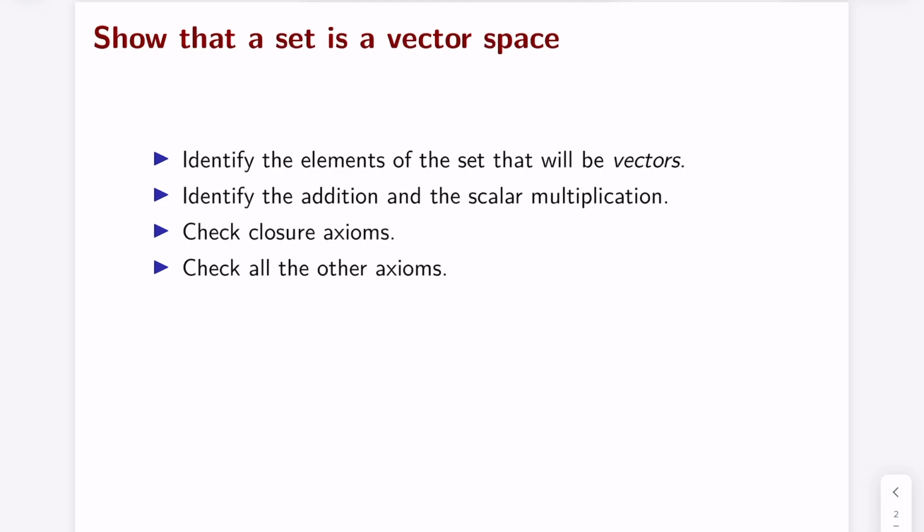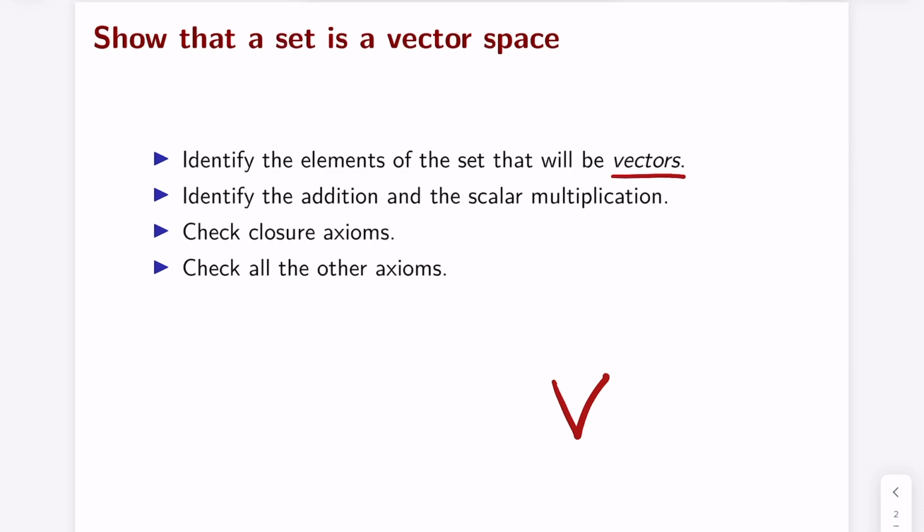What do we need to do to check that some set, I mean any non-empty set, is a vector space? Well, first we have to identify the elements in the set, like the chairs that I was talking about before. Those elements are what we are going to be calling vectors.